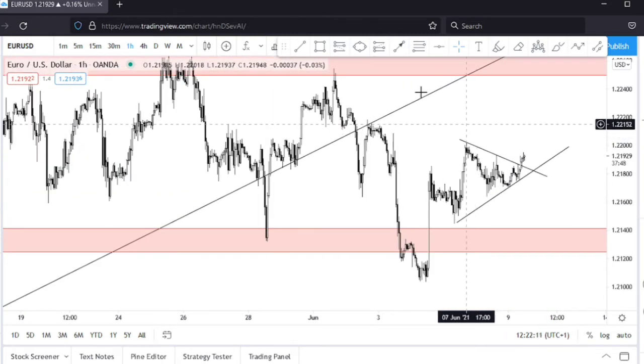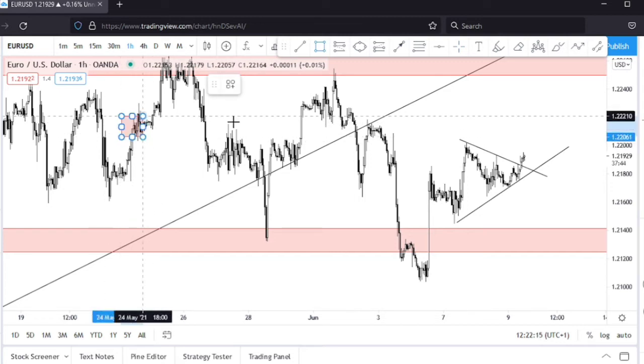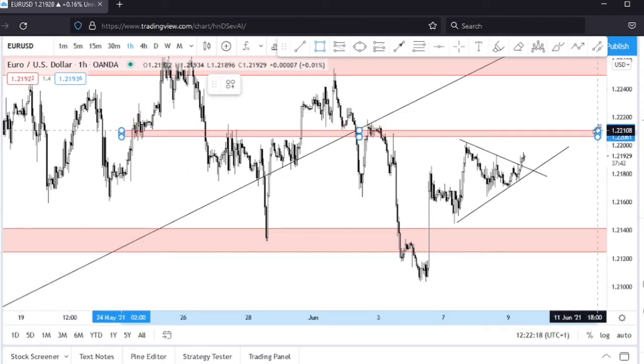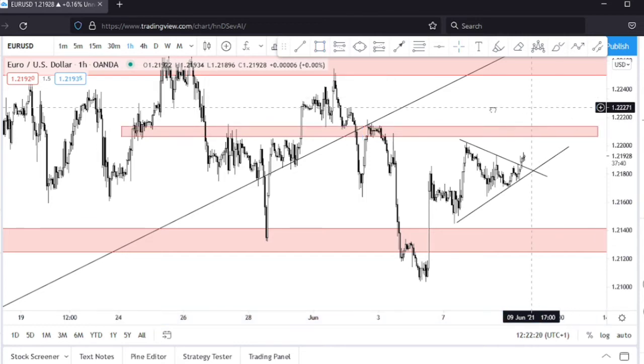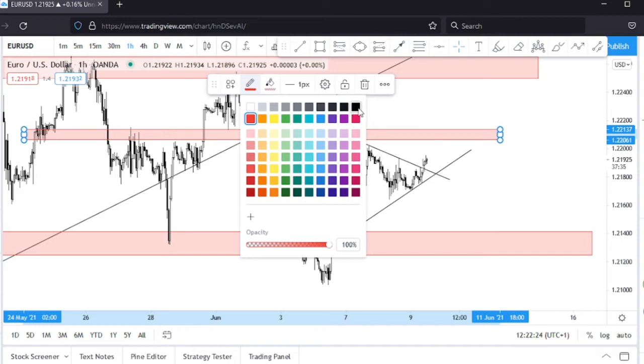There is a level over here on the 1-hour time frame that you can draw, which I represent with black.